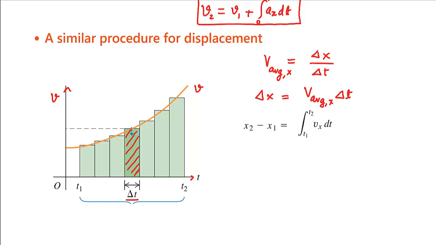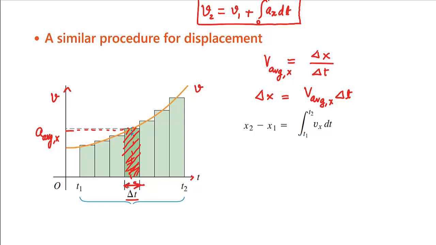What is this? Let us consider this rectangle. For this rectangle, this is my average velocity in the x direction, and this is the time interval delta t. So if I multiply these two terms, I will get the area of this rectangle.